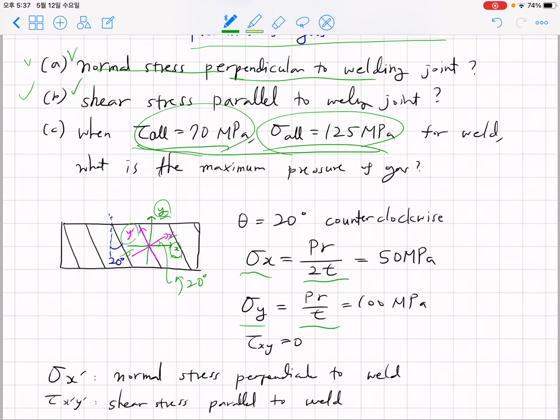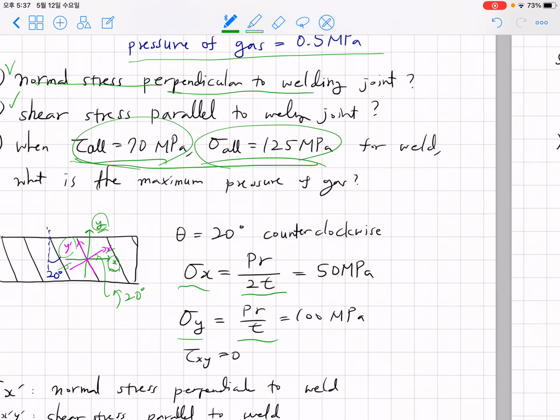Now, given this information, we can first construct a Mohr circle out of the xy coordinate reading, and then we rotate the xy in the Mohr circle by 2 times theta, which is 40 degree counterclockwise, to get the stress value along x prime and y prime direction. Okay, so sigma x prime and tau x prime y prime will be the answers for problems A and B.